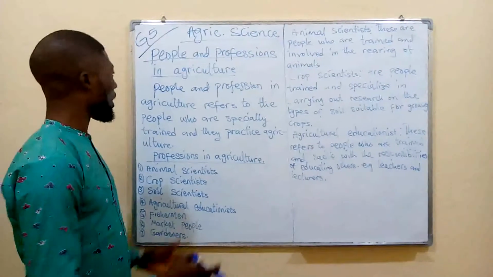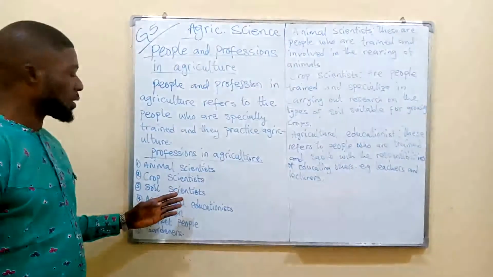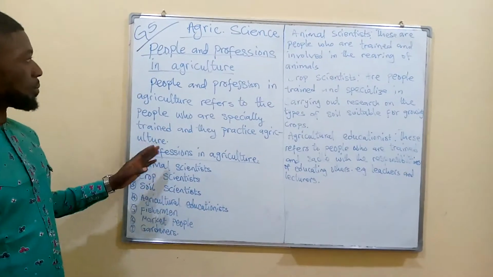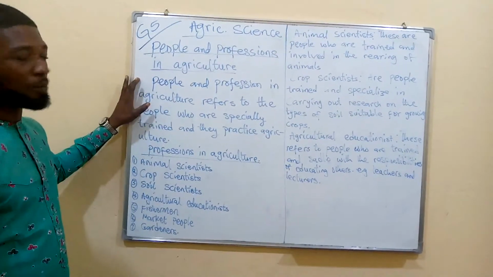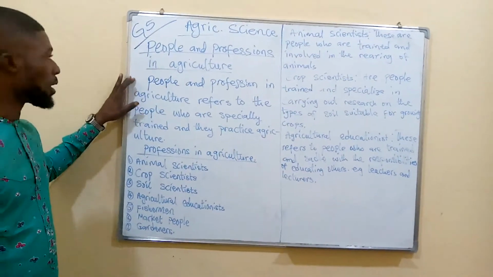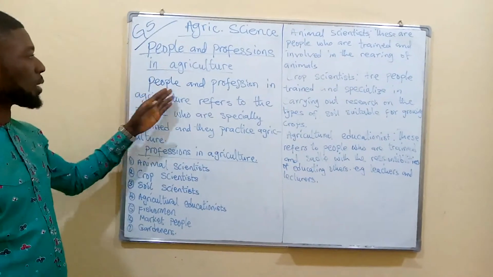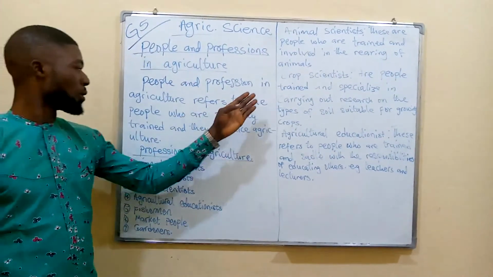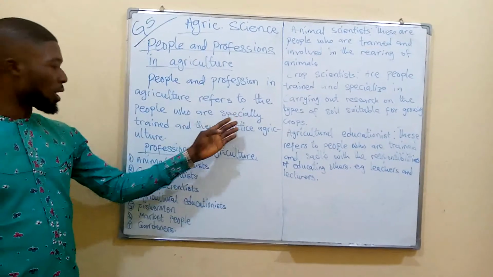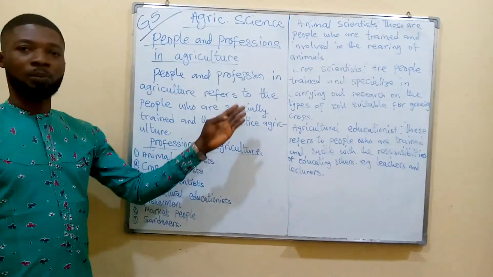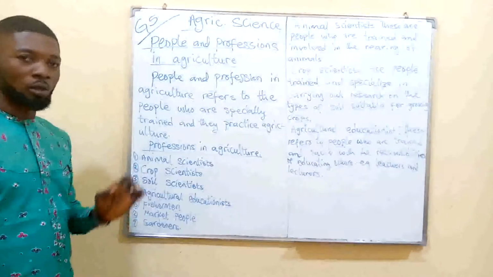So let me put it on the board. Alright, on the board here we have what we have been discussing so far, beginning from the meaning of people and professions in agriculture. We said that people and professions in agriculture refers to the people who are specially trained and they practice agriculture.